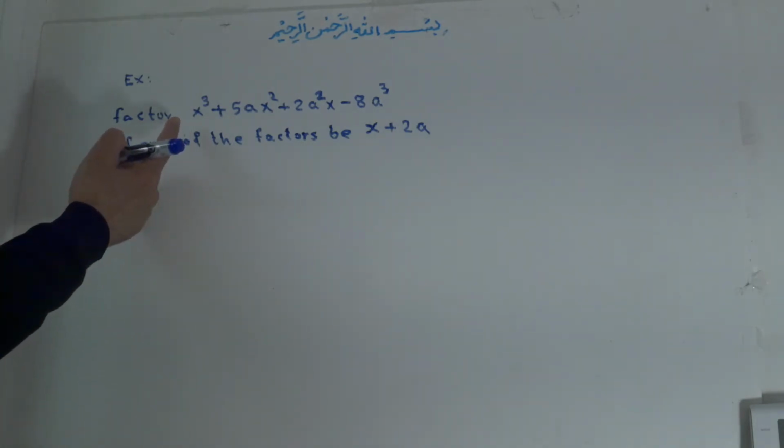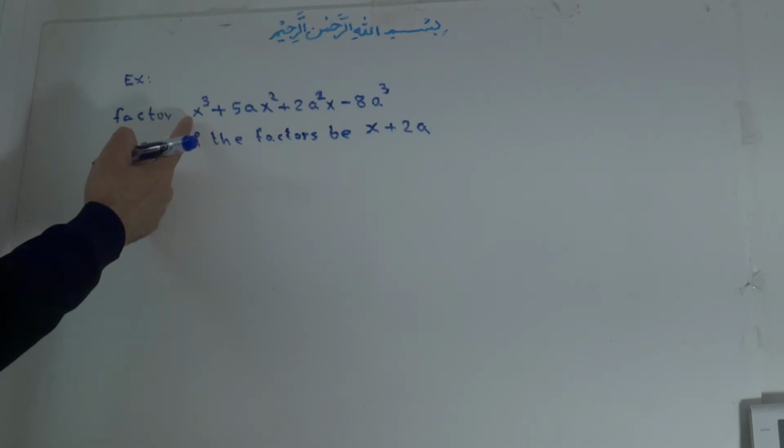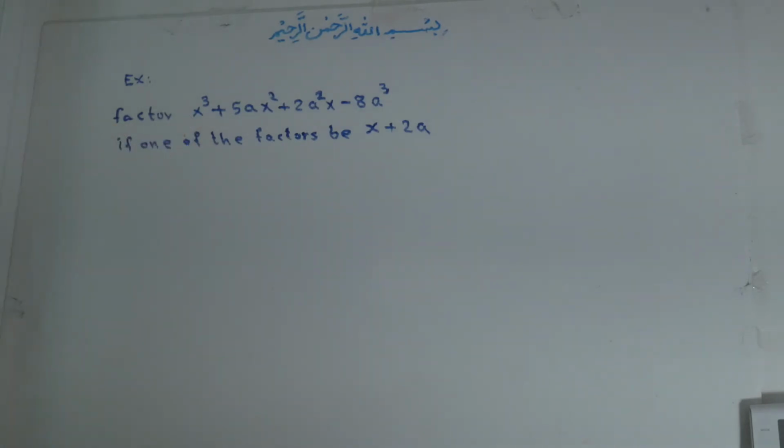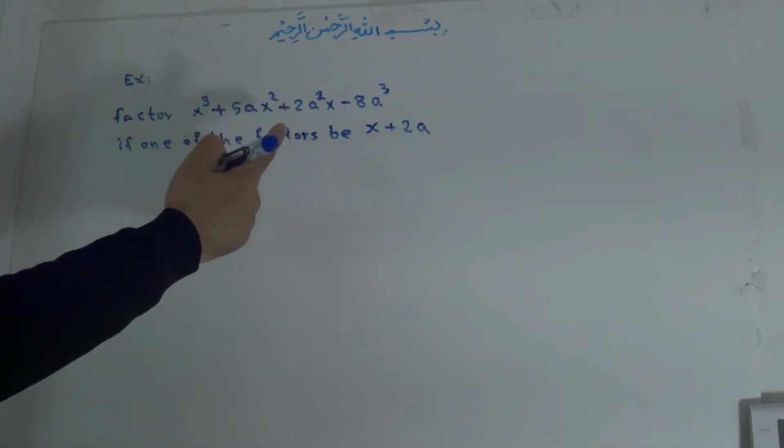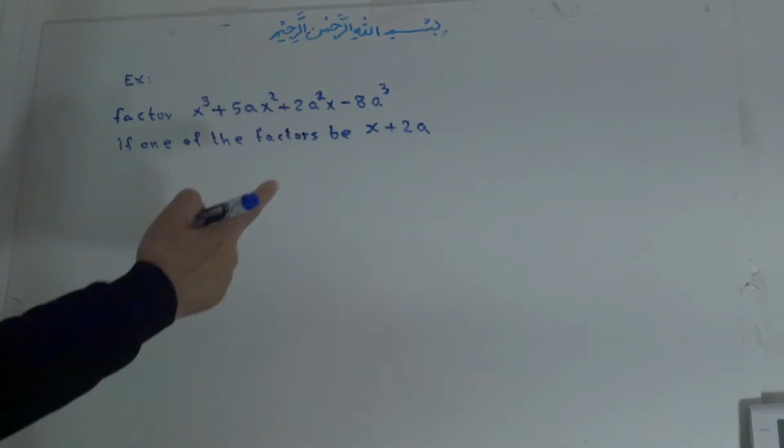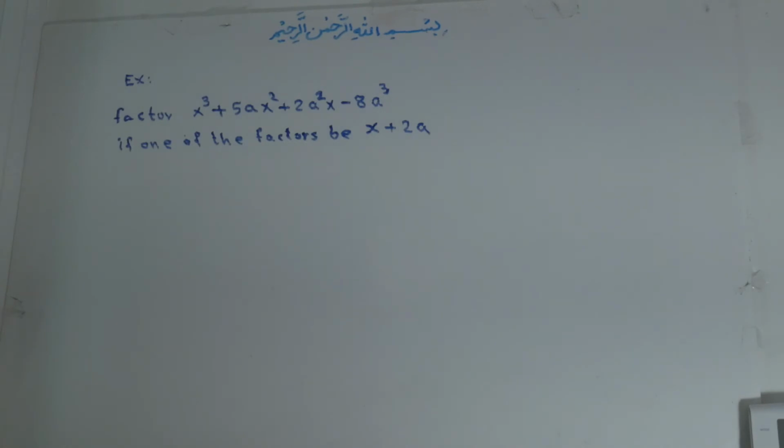What we do, we write the coefficients of the variable. The variable here is x to the power of 3, x to the power of 2, x, and here is also x, but x to the power of 0.